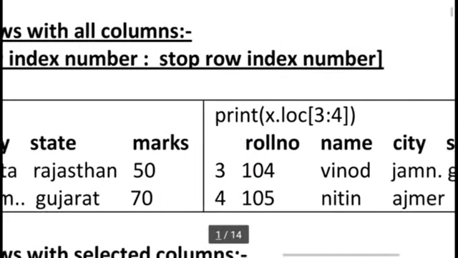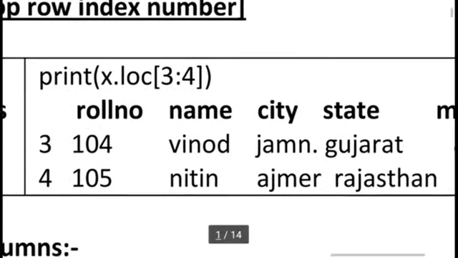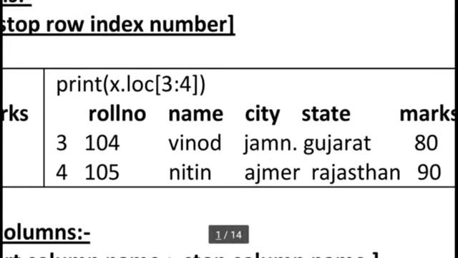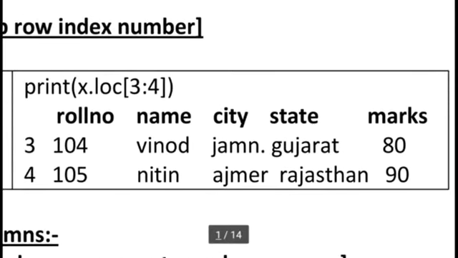Suppose here I want to display row index 3 to 4. Here the colon is important. Before the colon we use start and after the colon we use stop. So the 3rd and 4th rows: 4 is the stop value, but here the stop value is not one less. This is an important thing to always keep in mind.